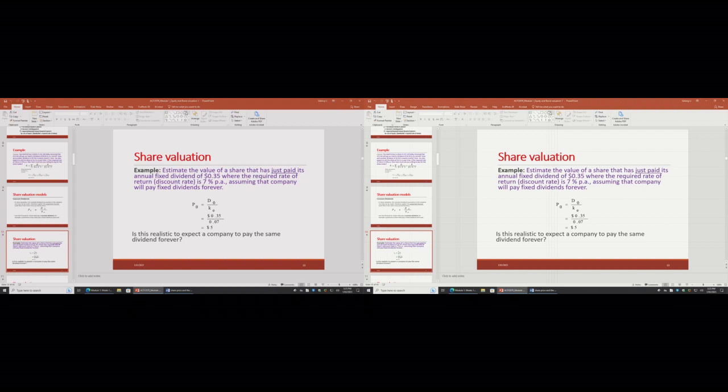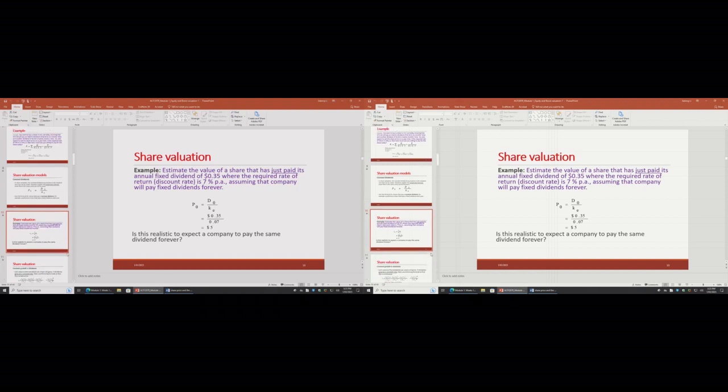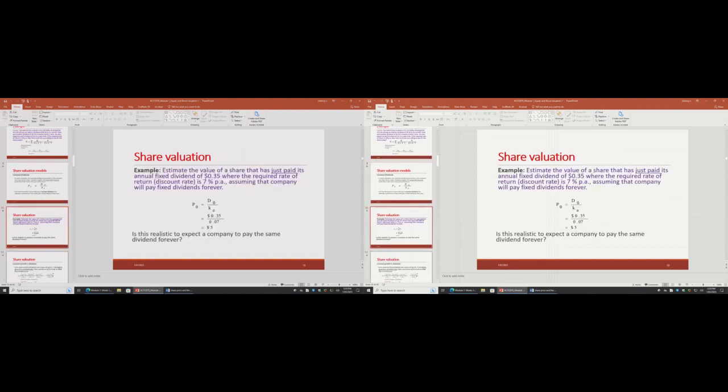We don't have the compounding period information, so we assume this is effective. So effective annual. Is that the desired effective rate for this case? Because the dividend is annual fixed dividends, paid every year, you need the effective annual rate. That's why we use that 7% directly. So that's a very simple one.